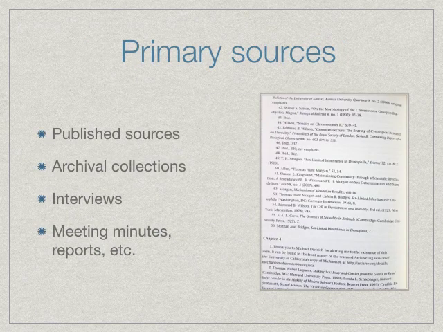You can also see the primary sources that she uses: published sources, archival collections, interviews, meeting minutes, reports, and so forth, all different kinds of primary sources that a historian might use.